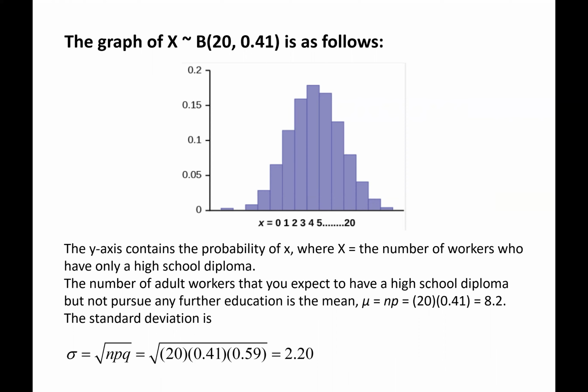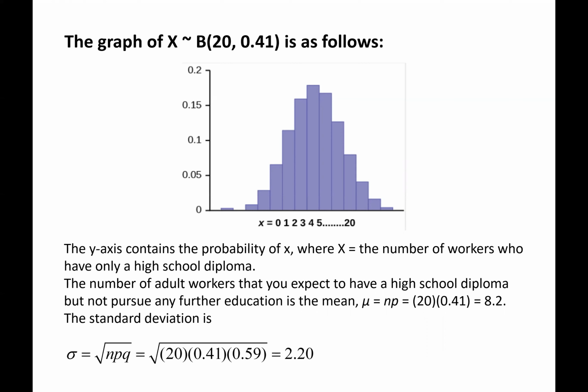The number of adult workers that you would expect to have a high school diploma but not pursue any further education is the mean. The mean can be determined in a binomial distribution by taking the number of trials and multiplying that times the probability of a success.